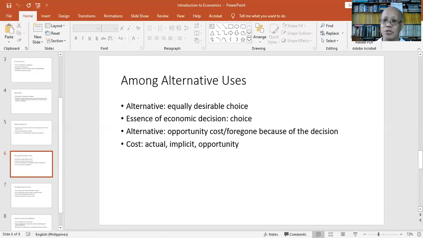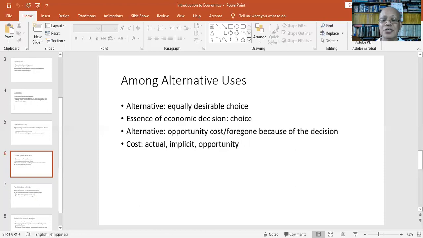But then there's opportunity cost, which is the economic cost, and that is what was given up: the alternative, the equally desirable choice that one gave up in order to do something.